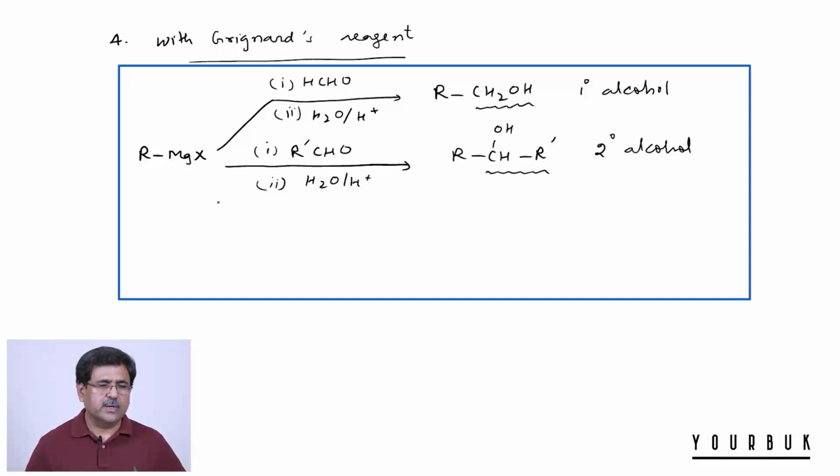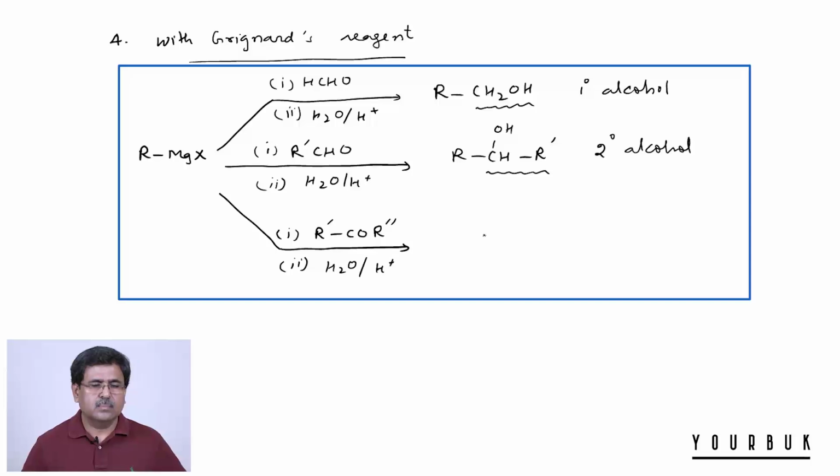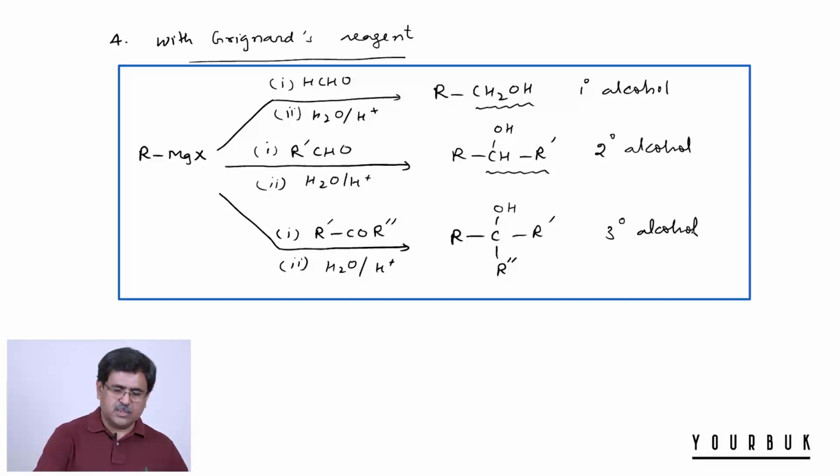And on reaction with ketones, RMgX gives a 3 degree alcohol. This is called 3 degree alcohol. Now we'll discuss one example.